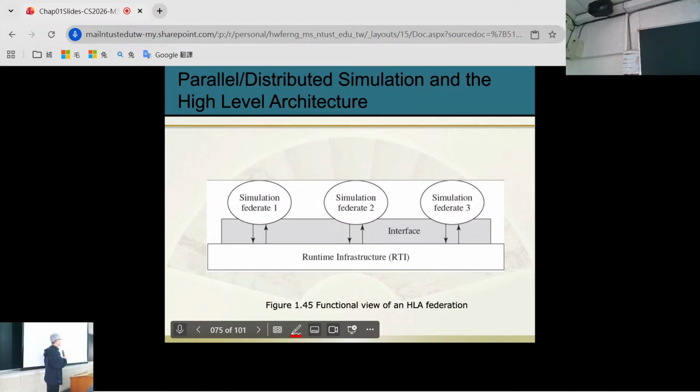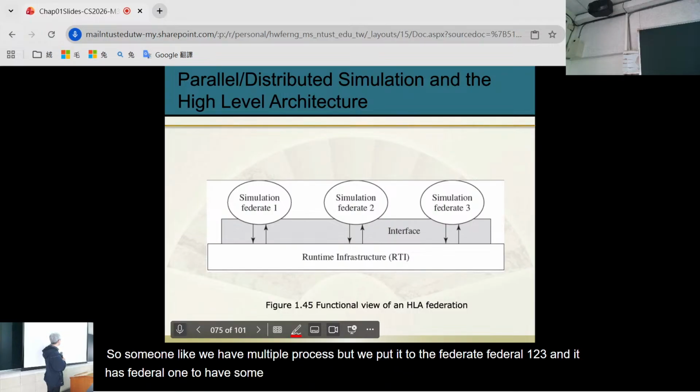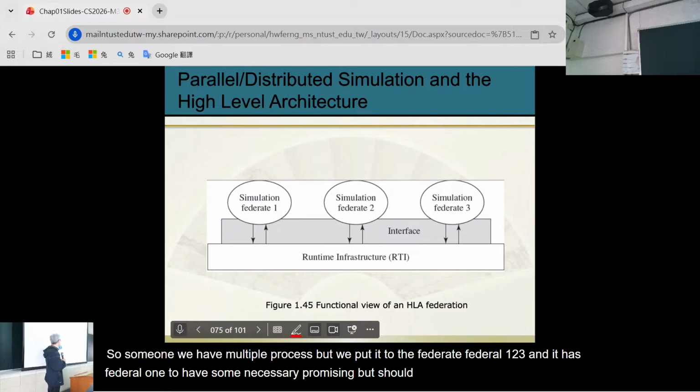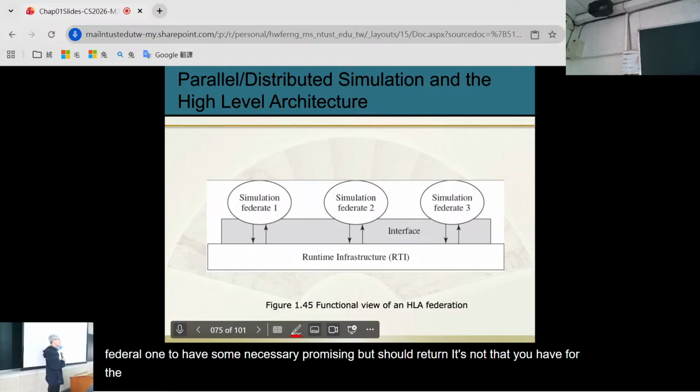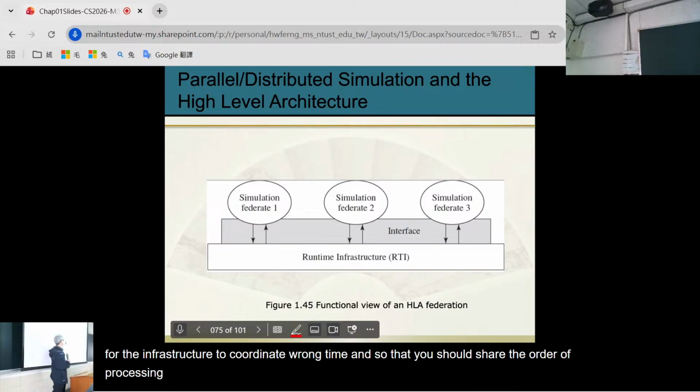We have multiple processes, but we put them into federate 1, 2, 3, and ask federate 1 to do some necessary processing, but it should return. And so you have the infrastructure to coordinate at runtime, and you should check the suitable order of processing. Of course, because they process individually, which one is faster should be controlled by the infrastructure.